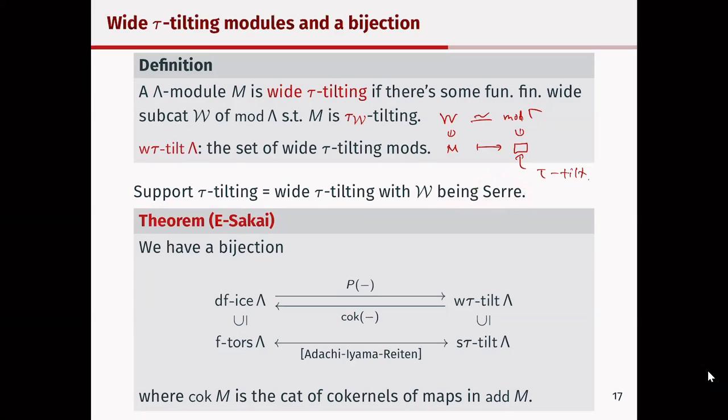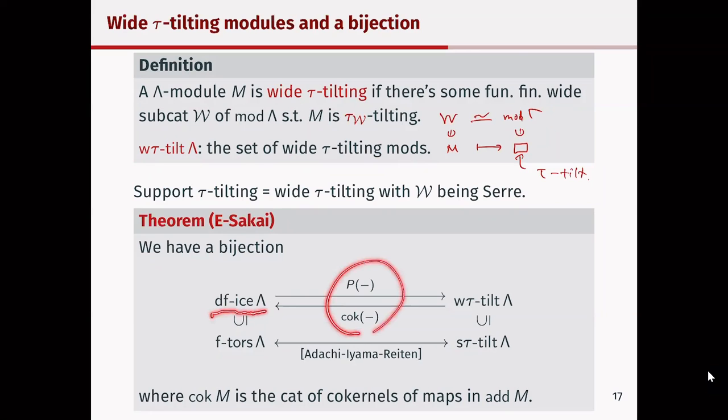So support tau-tilting modules are precisely wide tau-tilting modules such that W is a cell subcategory. So we denote by W tau-tilt lambda the set of wide tau-tilting lambda modules. And if we define these concepts, then it's easy to establish this bijection.